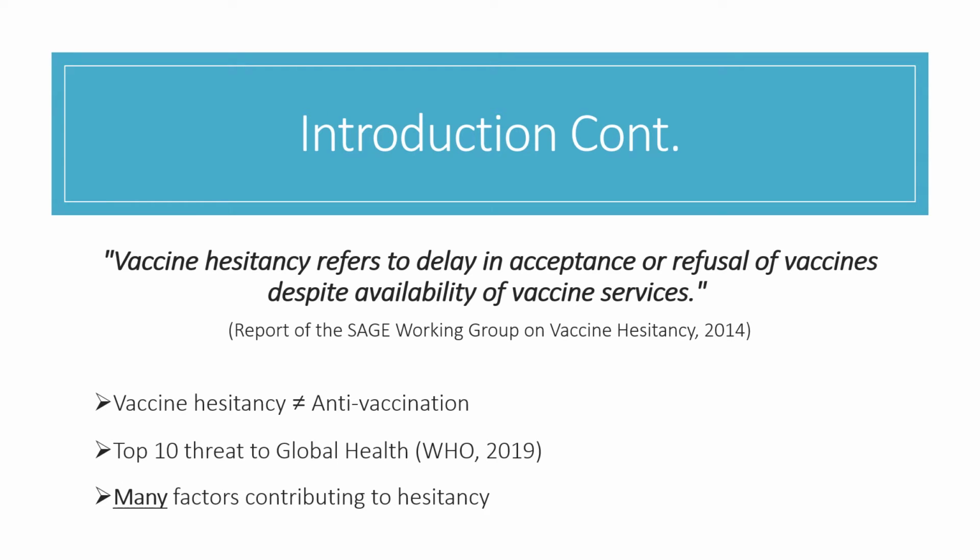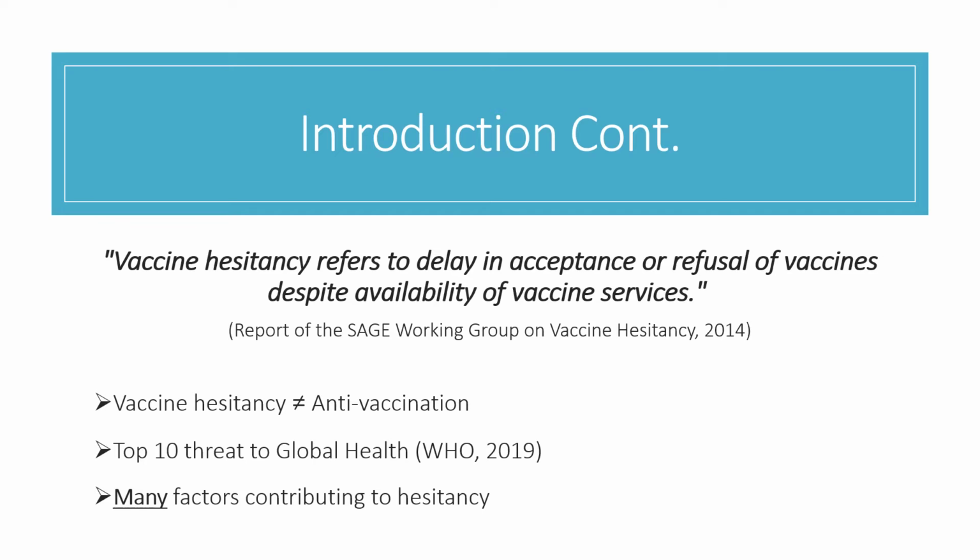Continuing on with our introduction, just some background information here. You'll see a definition of vaccine hesitancy. There are a few out there, but this is the most commonly cited one, and this is from the SAGE working group that was employed by the WHO in 2014 to understand vaccine hesitancy better.